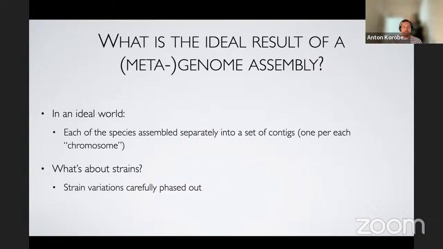In an ideal world, we want each species assembled separately into a set of contigs, ideally one long contig per chromosome. And if we have multiple strains, then we definitely want all strain variations carefully phased out.